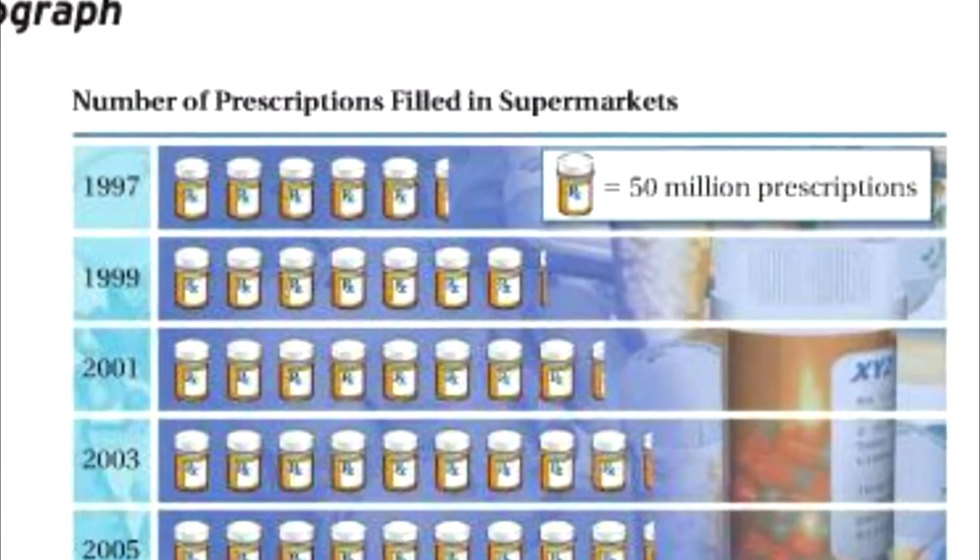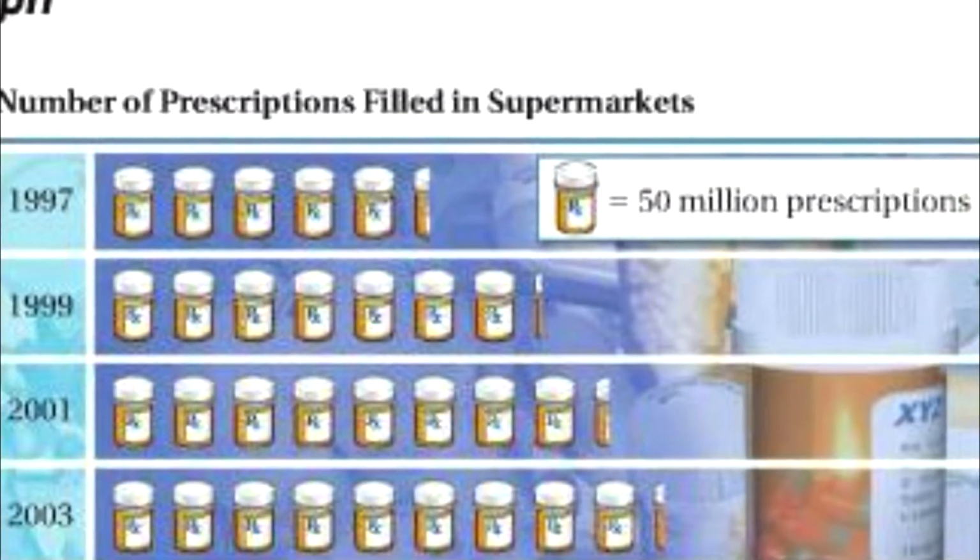What would you do? You would look at the little prescription bottle that's right there in the picture, and it says one little bottle represents 50 million prescriptions.